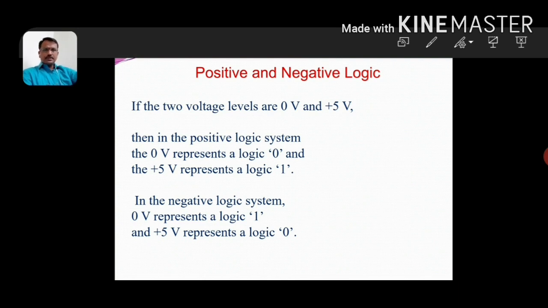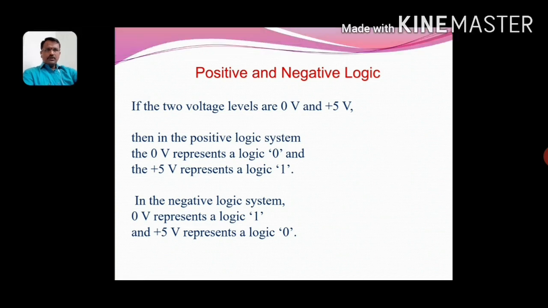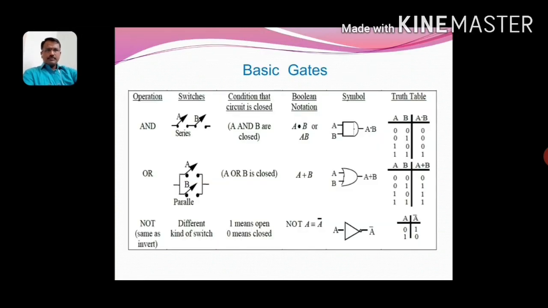So by using this logic system, let us move forward toward the logic gates. Here we will use the positive logic system. There are three basic gates: AND, OR and NOT. So what do you mean by AND logic? If a circuit consists of two series switches, then when both the switches are closed, current will flow through the circuit.